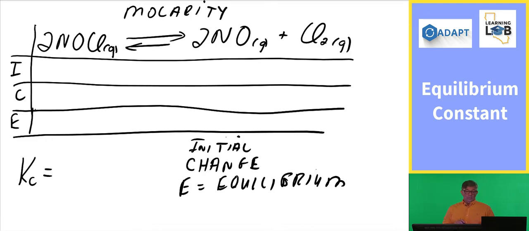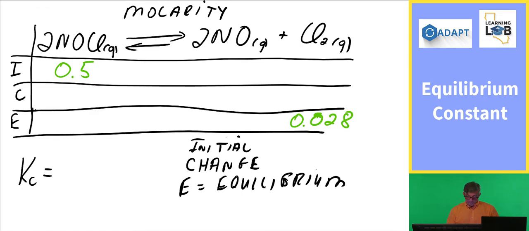We have the initial concentration of nitrosyl chloride, and that was given to us at 0.5 molar. And then we're given the equilibrium concentration of the diatomic chlorine, once the reaction has equilibrated. And that value was 0.028. So from these two values, we're going to determine the equilibrium constant.